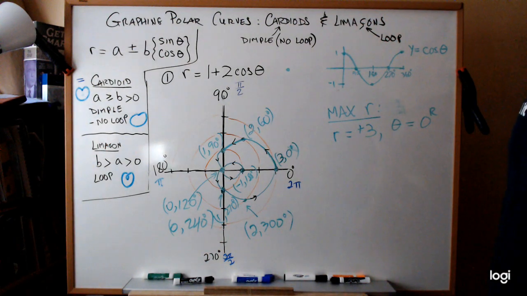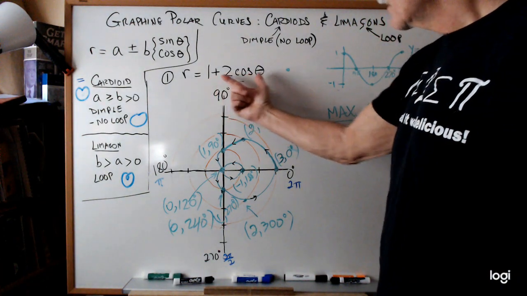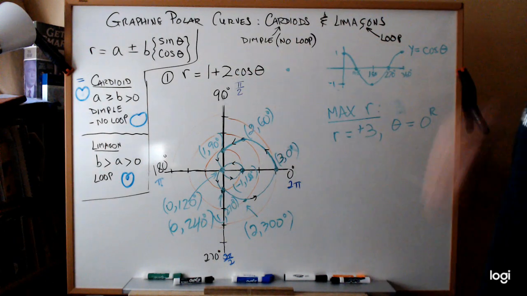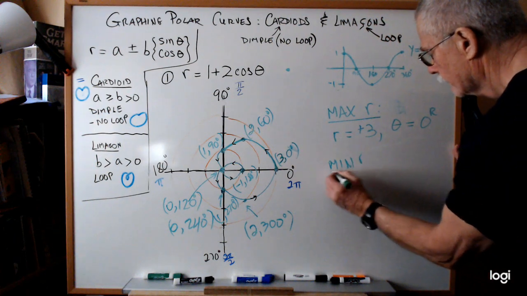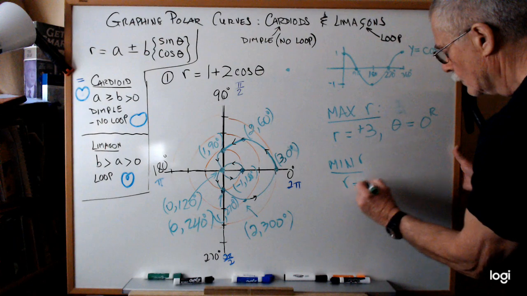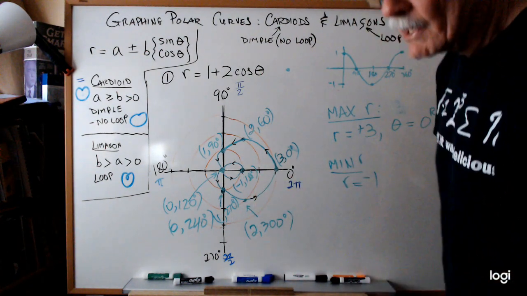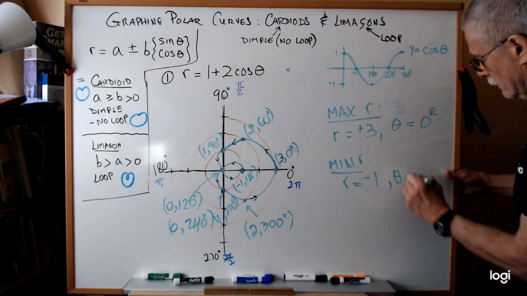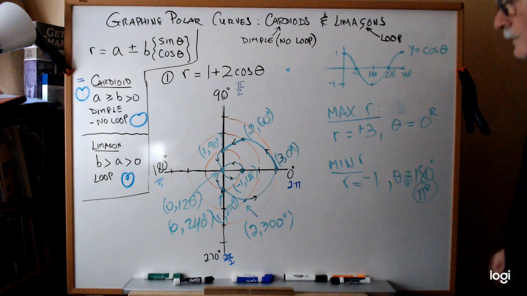So that's the greatest r. And the least r is when this is going to be least, and this is going to be least when cosine theta is the most negative, so that will be at 180. So we have our minimum r, and that r would be, as we can see, -1. Kind of strange, you think that that's a minimum, but it is, when theta equals 180 degrees or pi radians.